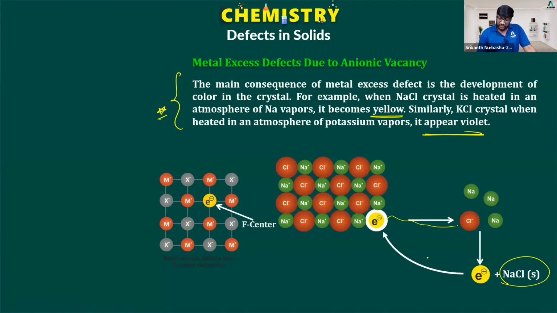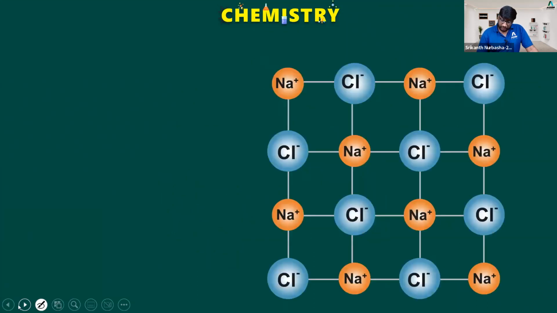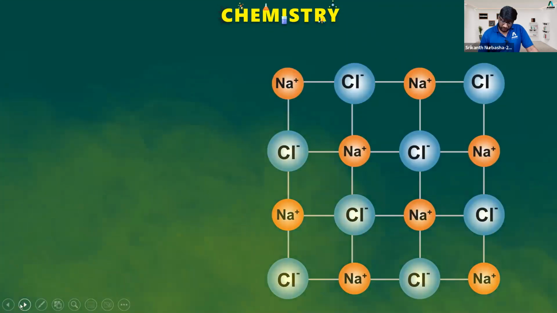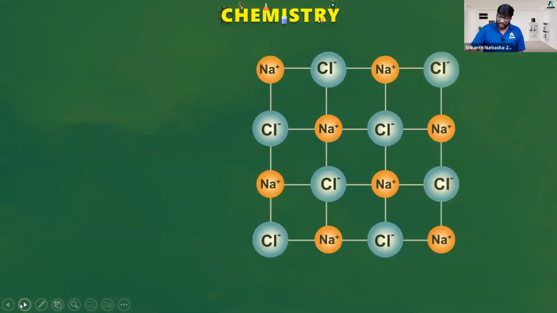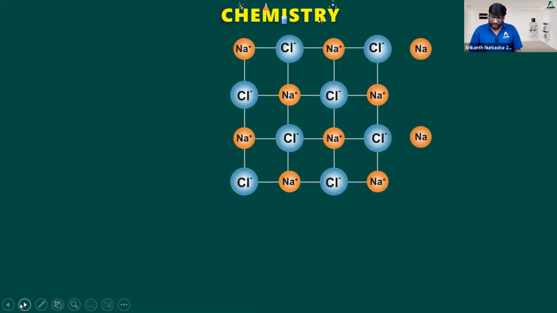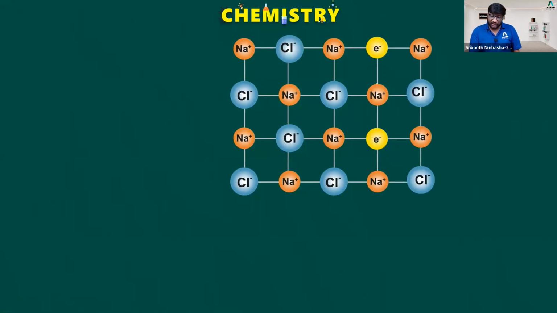This is nothing but a respective electron positioned here, right? Sodium vapors, we are heating it. That is the NaCl crystal, we are heating it. What happened in the heated vapor? So Cl minus are lost, and you can see the crystal lattice structure has changed.